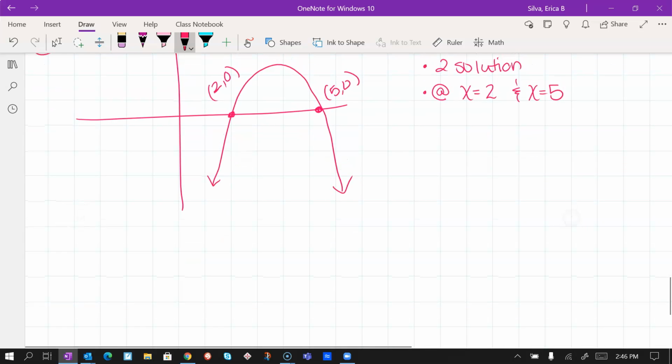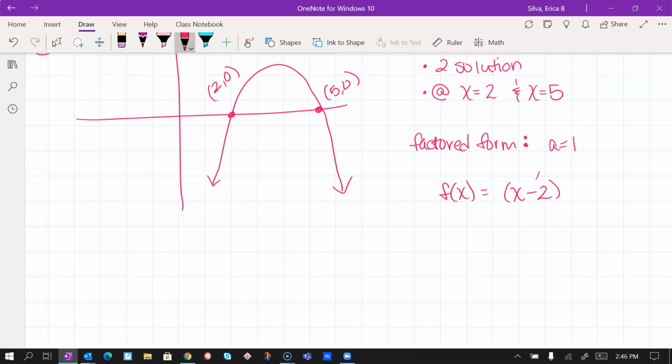And for the sake of practice, we're going to write the equation in factored form, and we're going to assume that my a value is 1. So f of x is equal to x opposite of my first root, and then x opposite of my second root.